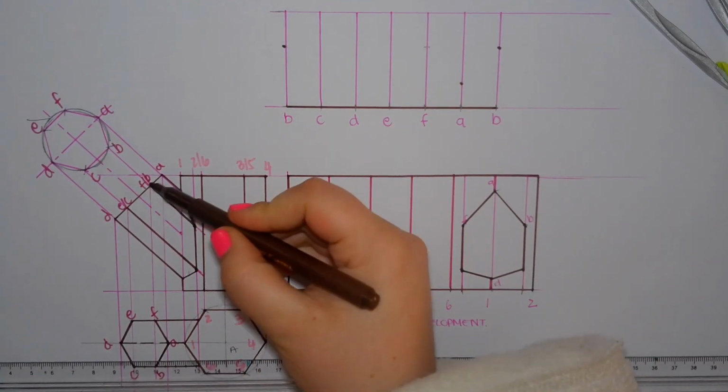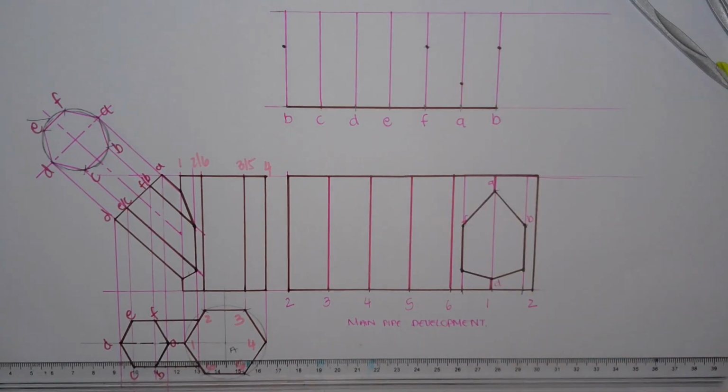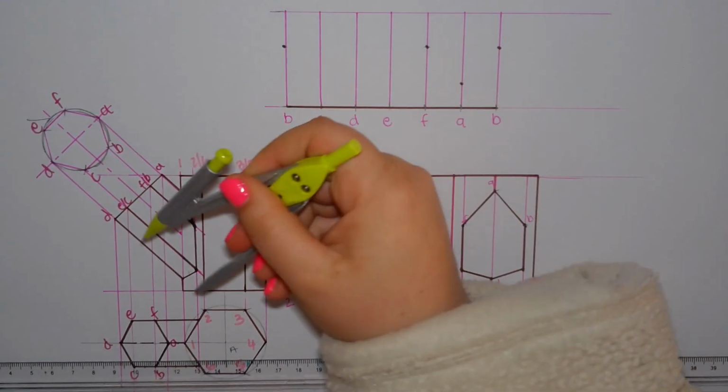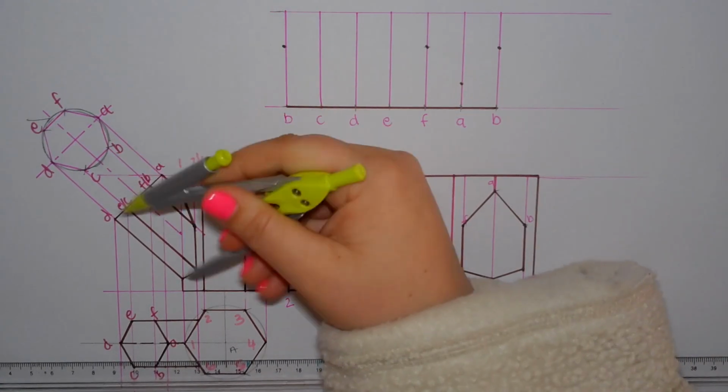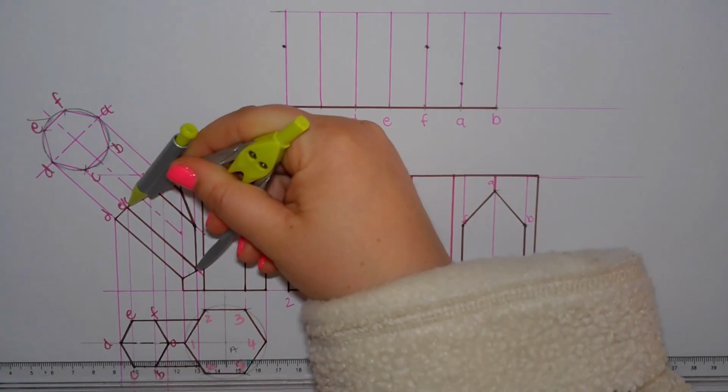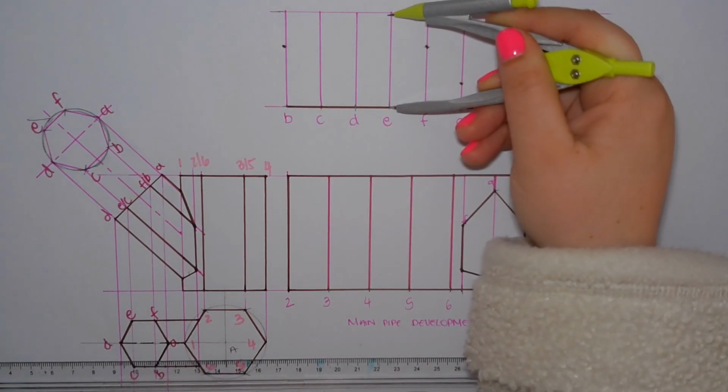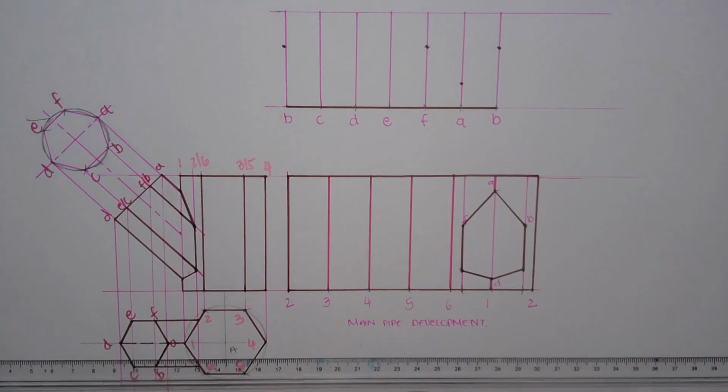Okay, I forgot B and F is the same line, so they get the same information. Then E and C. We're almost done. Okay, E and C is the very top.